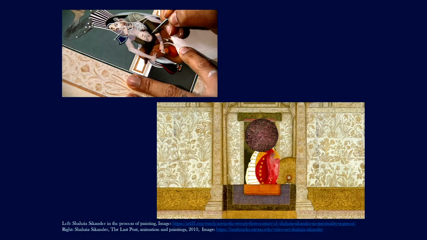In the upper left, we see an image of Shahzia Sikandar making these paintings, and here we see the fine needle-like brush that is used. Some of those brushes, as we also know, were described even in the Mughal atelier, how squirrel hair brushes are used, and the selection of the squirrel hair is also a specialized process.